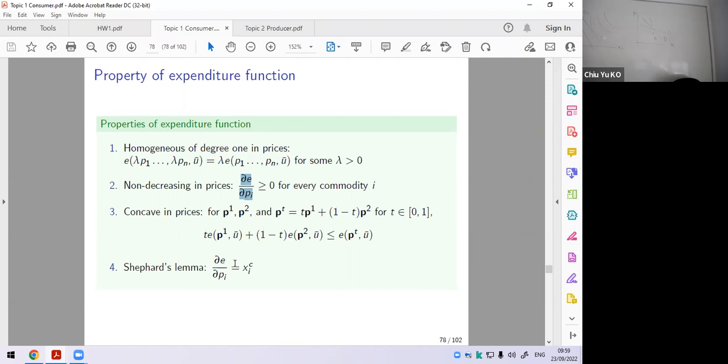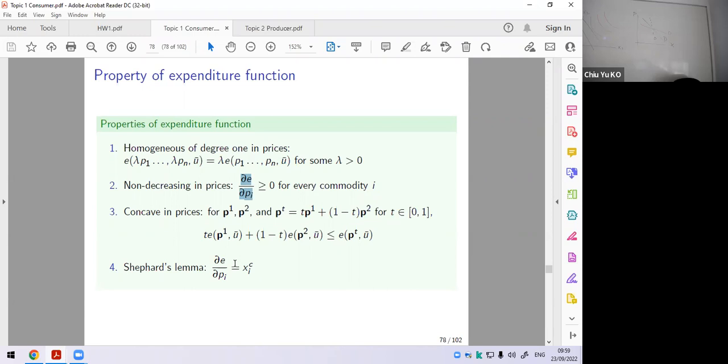So basically, if I change to P1 star, and P2 is the same, P3 the same, it's very likely that I consume the same amount, right? And probably I also don't change my consumption at all, right? Maybe just a little bit.